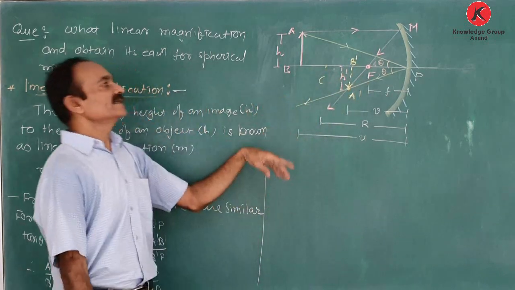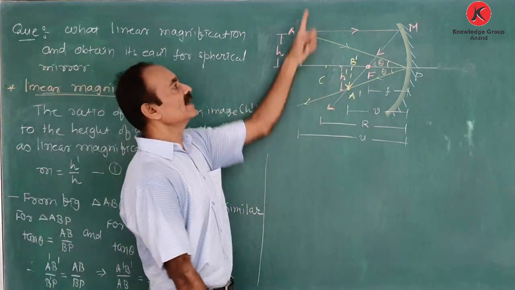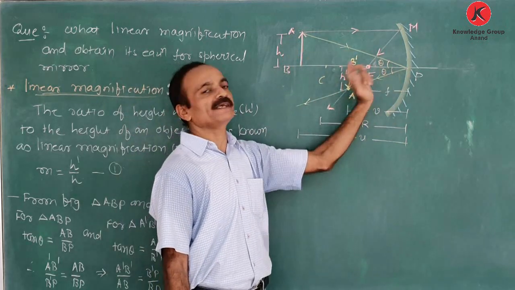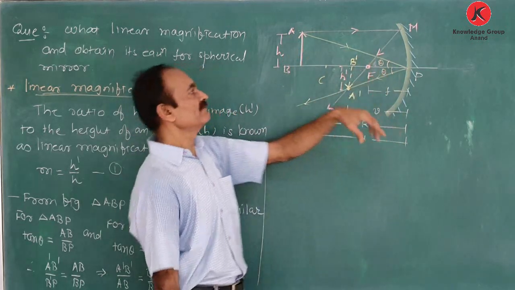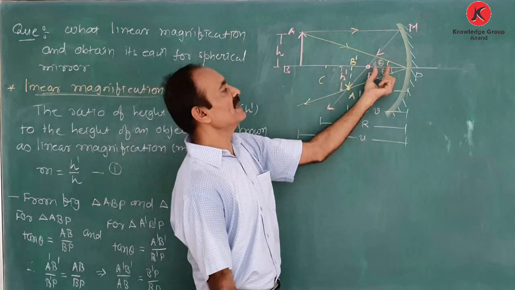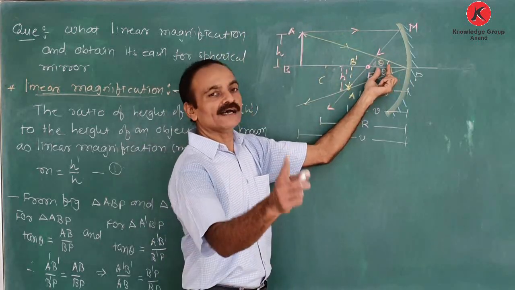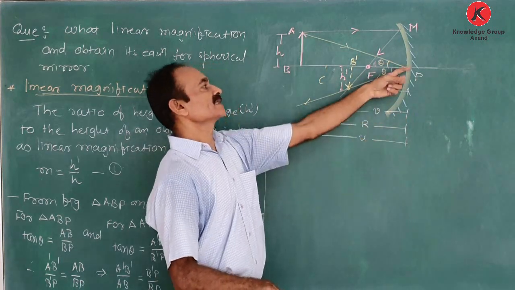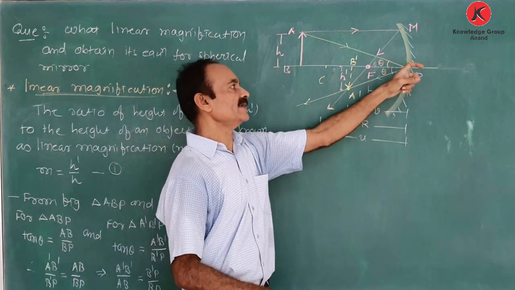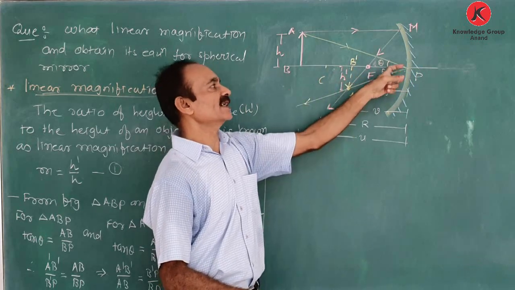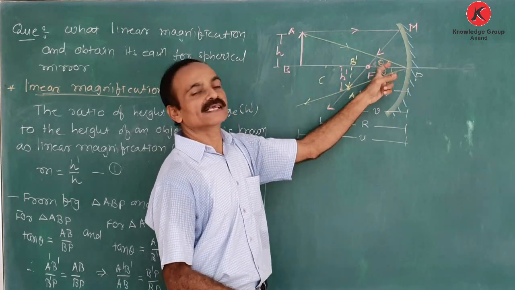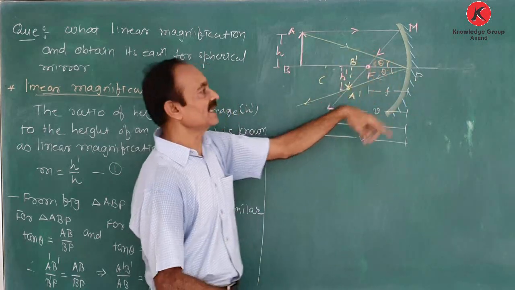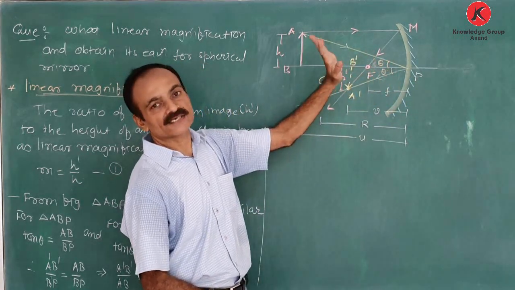Now from the figure, the two right angle triangles, ABP and A'B'P, are similar triangles, because the incident ray AP makes an angle theta, the angle of incidence, and in the same way the reflected ray PA' makes an angle theta with the principal axis, the angle of reflection. Therefore, from the laws of reflection, these two right angle triangles are similar.